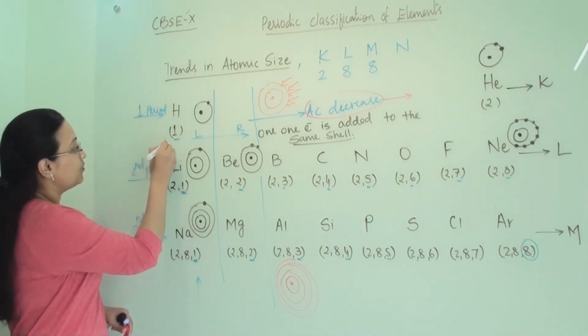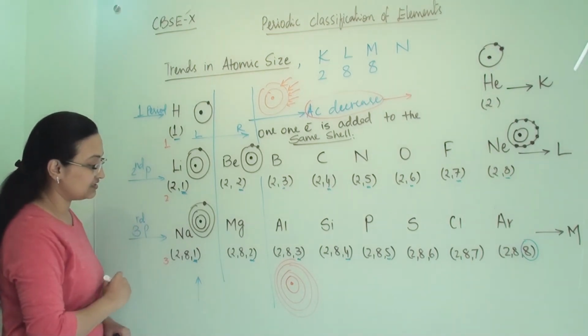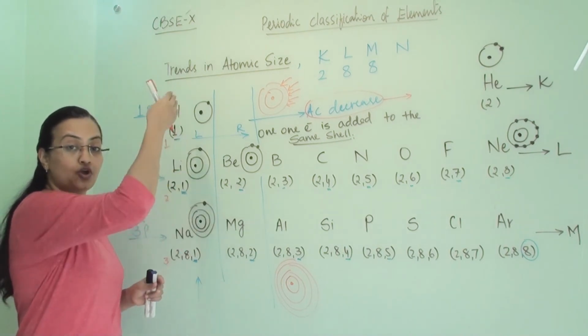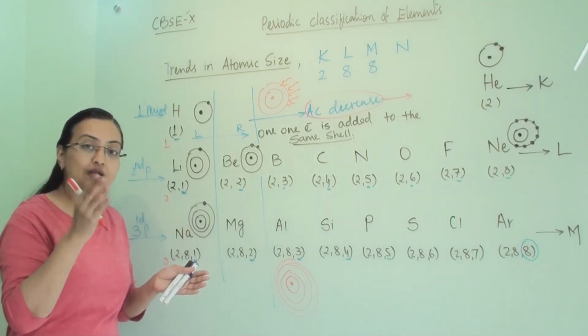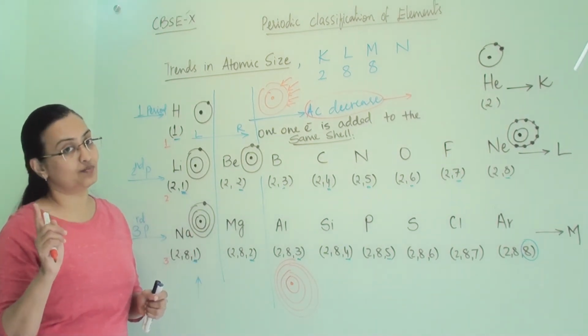But here one orbit is there, here 2 orbitals are there, and here 3 orbitals are there. So as we are going from top to bottom, the orbitals are added up. We are adding one orbit to the element, but the valence electron will remain the same.